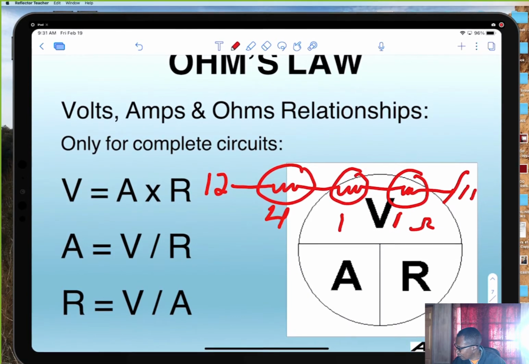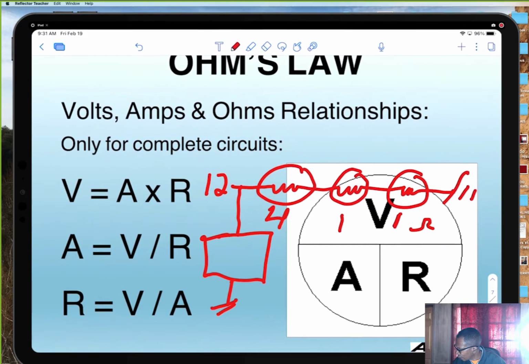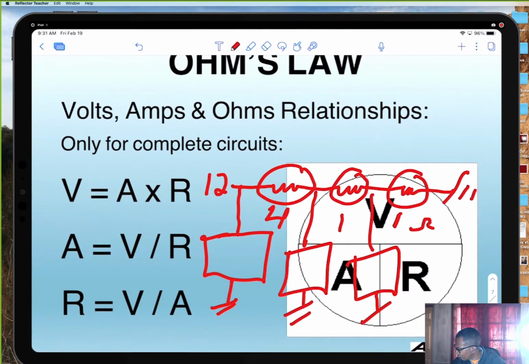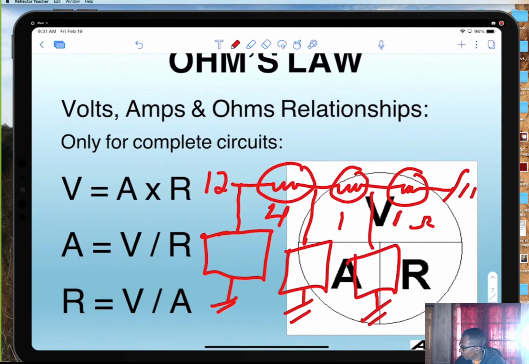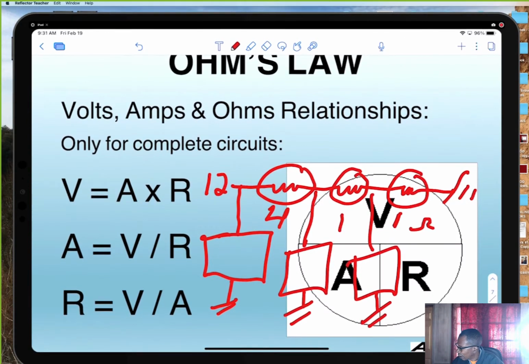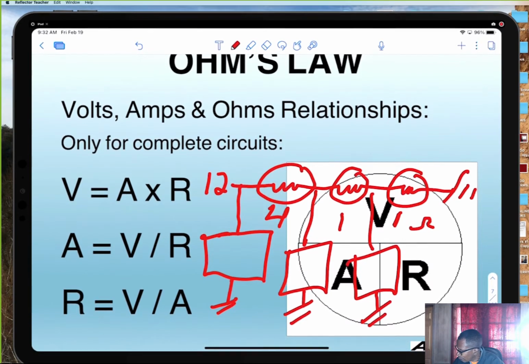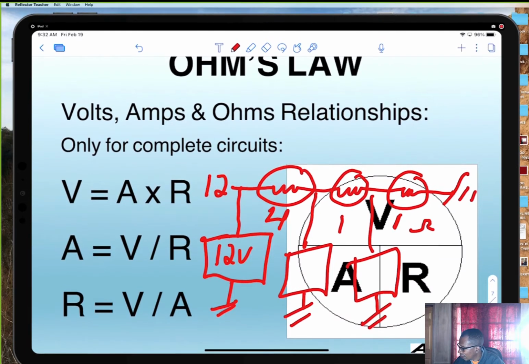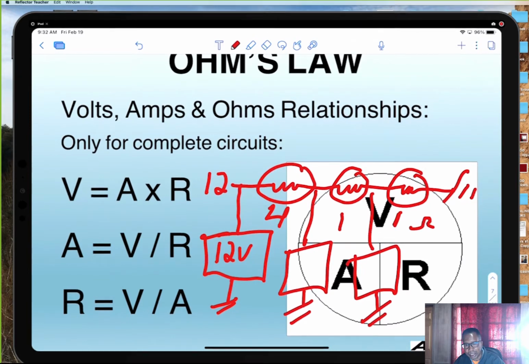We did something like this earlier. Again, we had 12 volts. Now, according to Ohm's law, I'm going to drop this voltage all the way down this line.